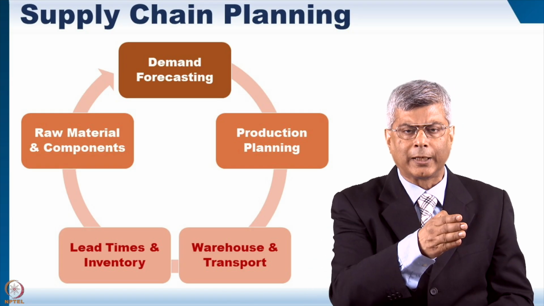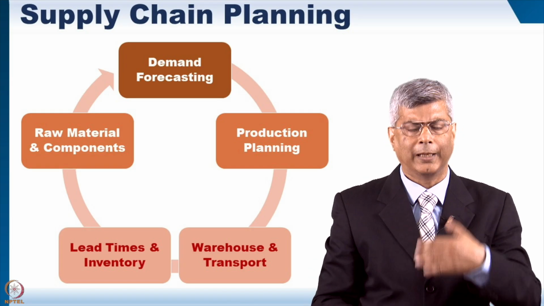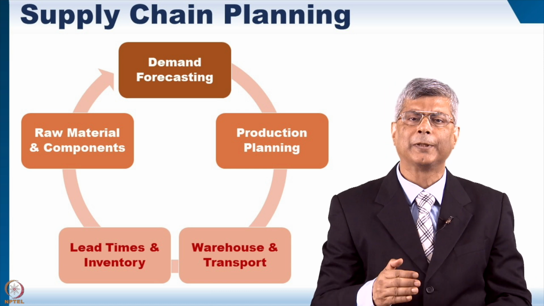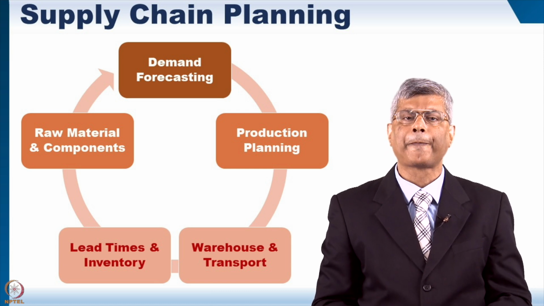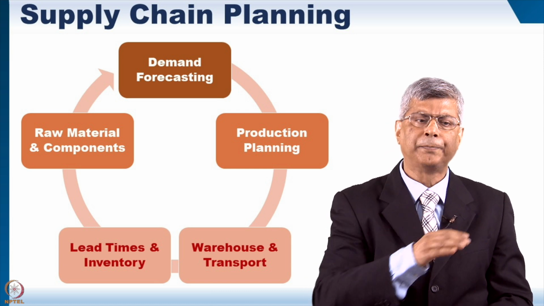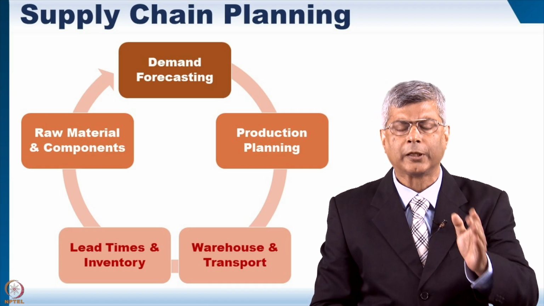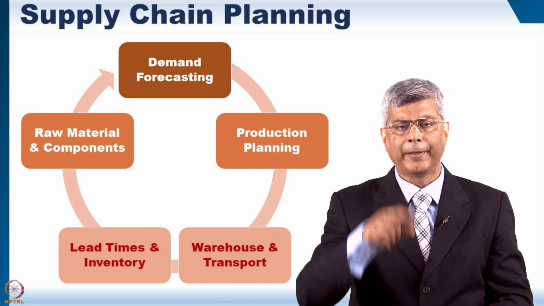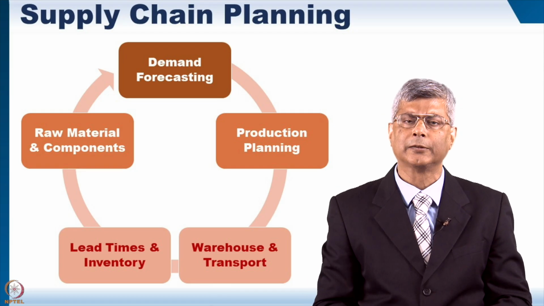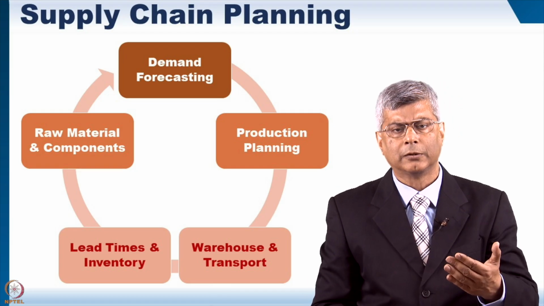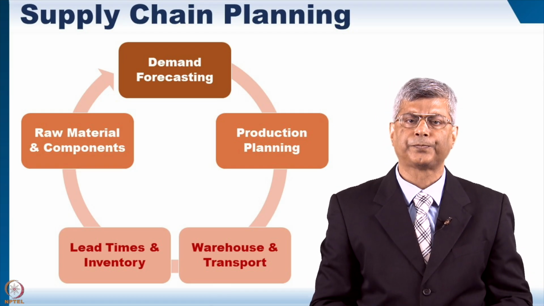So the demand forecast, once it's done, and this is done by the salespeople in the company, based on that, the sourcing people will then place orders on the suppliers to procure the raw material and the components. And depending on what kind of supply chain it is, they will order on that basis.